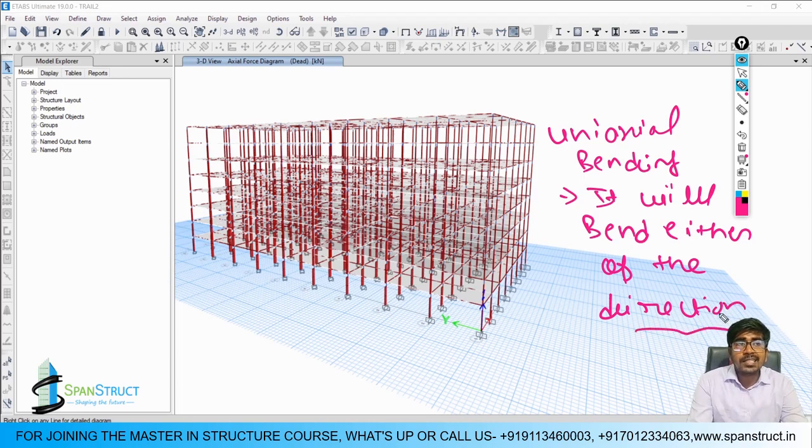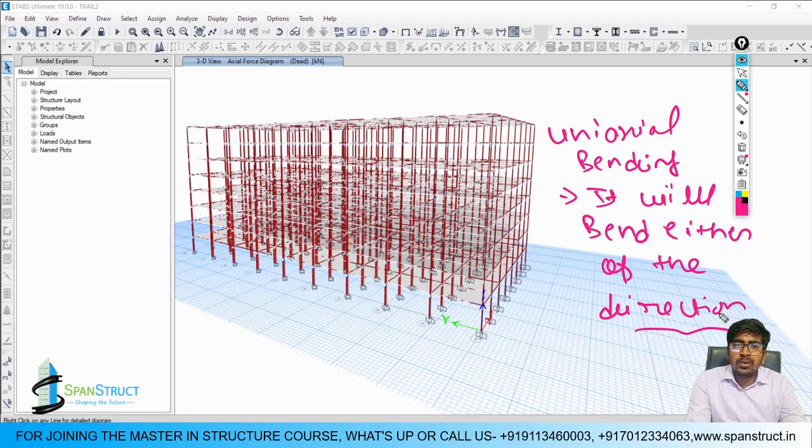If you look at biaxial bending, it was bending in two directions of the axes of the column. But uniaxial bending is going to bend only about one axis of the column. So there is quite a difference between uniaxial bending and biaxial bending.